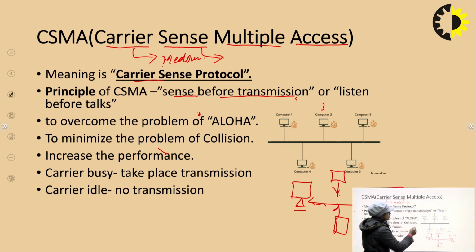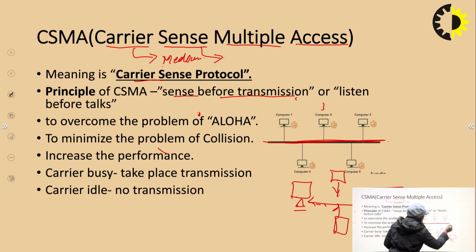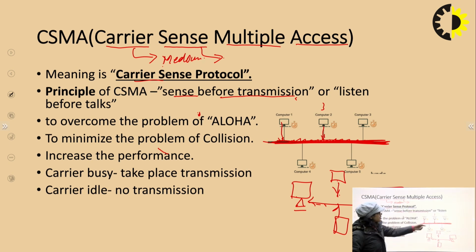Just suppose you have a shared medium, and some devices connected to this medium. If one device sends some data, and this data travels on the medium, and at the same time another device senses the medium, it realizes the medium is already busy.